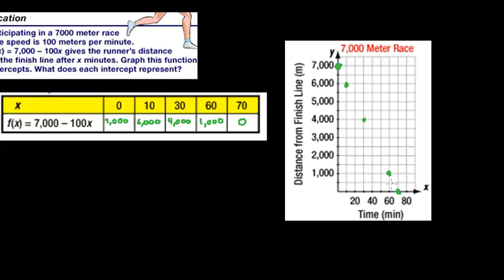And you see at this point, the big picture, or the interesting fact here, is that I am crossing the x-axis at 70, so that means the x-intercept is at 70.